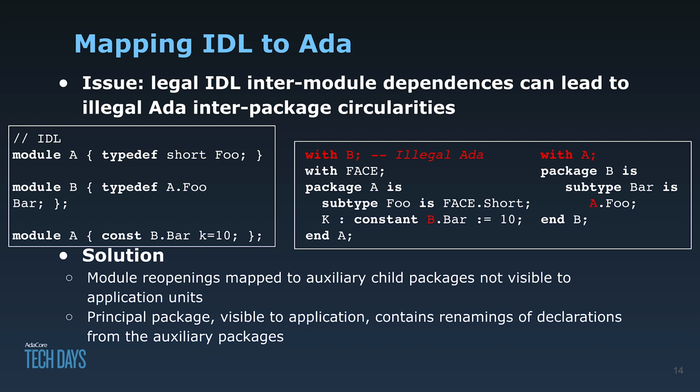We have a module in IDL that defines Foo as a type or a typedef. Module B then makes use of that. And then module A is called a reopening. So a module can be specified in several syntactic steps in IDL. And then this can reference the type that was added in B.